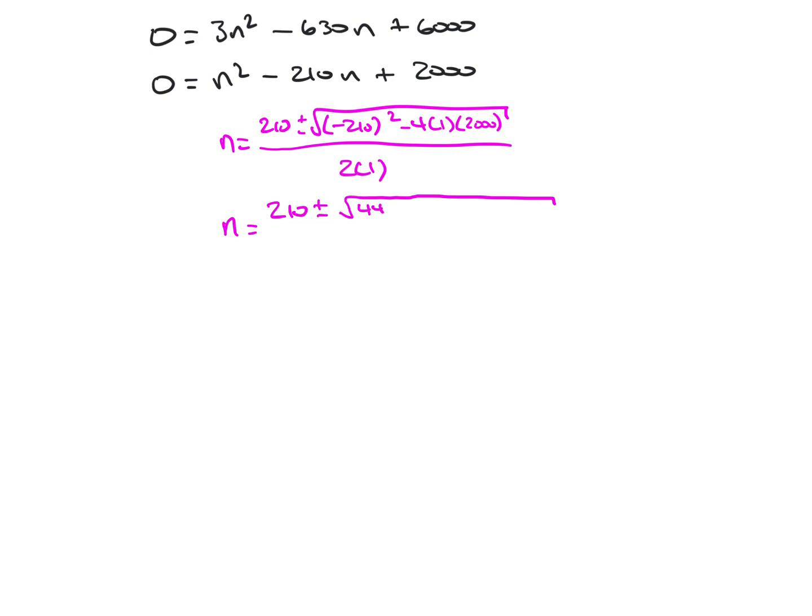So that's 44,100 minus 8,000, all over 2.